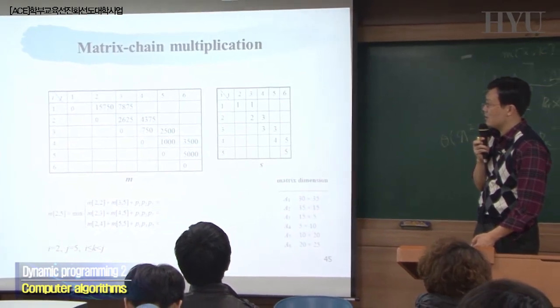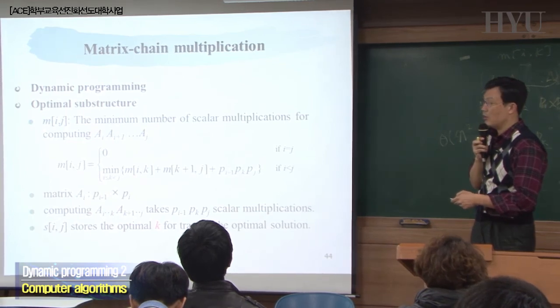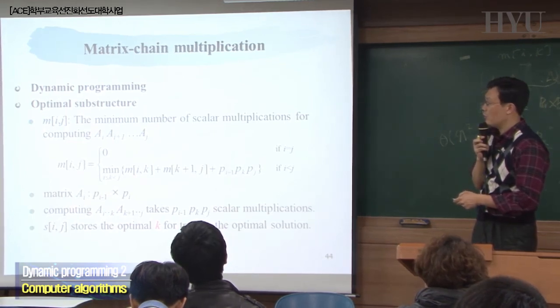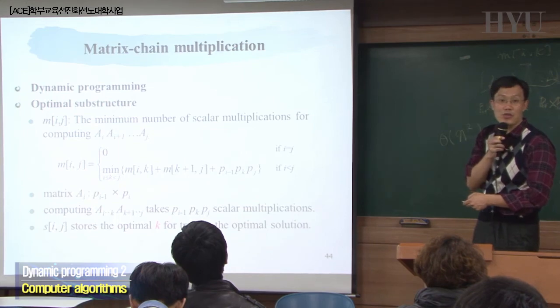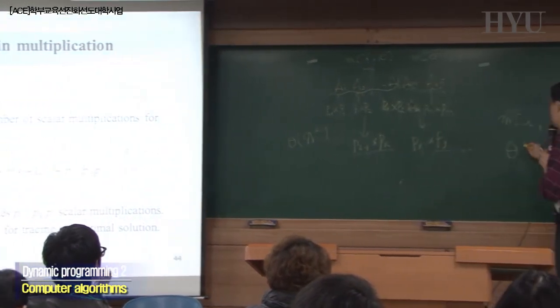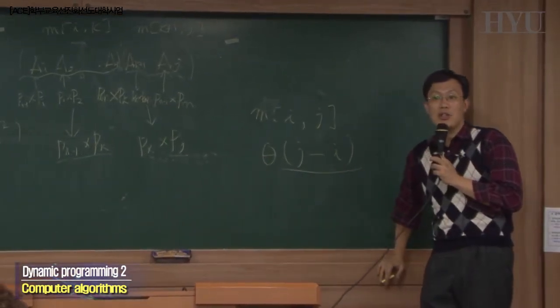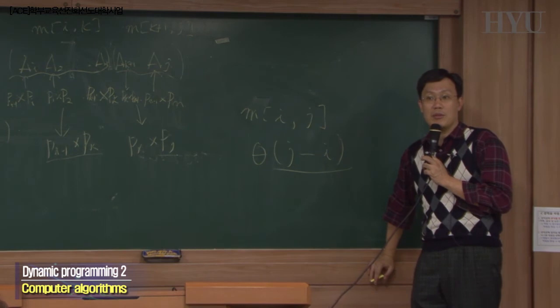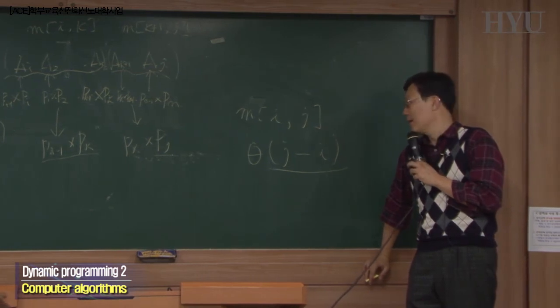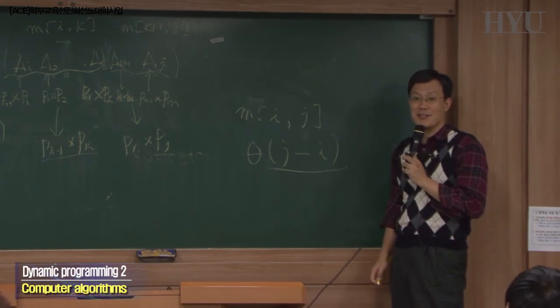The hint is given here. Look at this. To compute an entry, the k runs from I through j. So it takes theta j minus I time to compute this. What is the worst case?